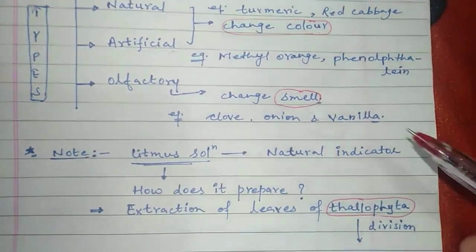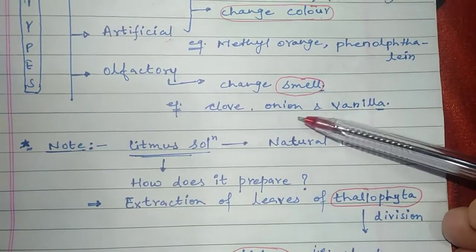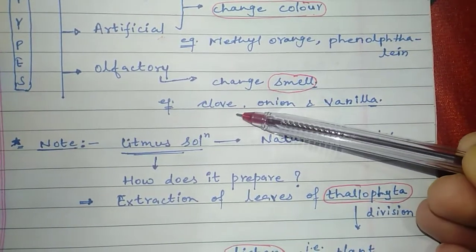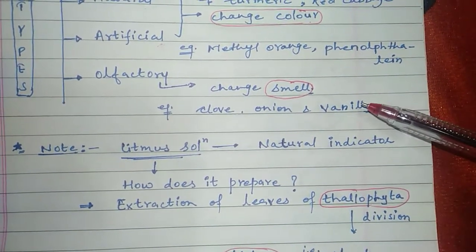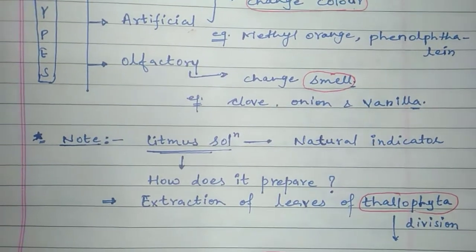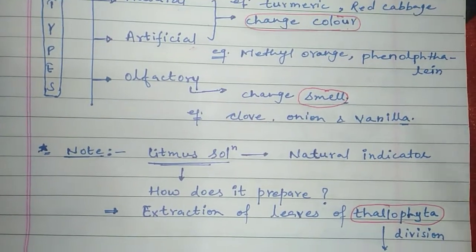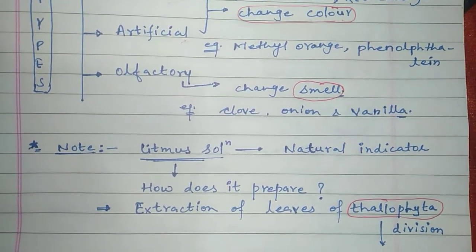Then olfactory indicators: clove, which we use in biryani, and onion. Vanilla is a flavor which we use in ice cream. So these are the examples of olfactory indicators.